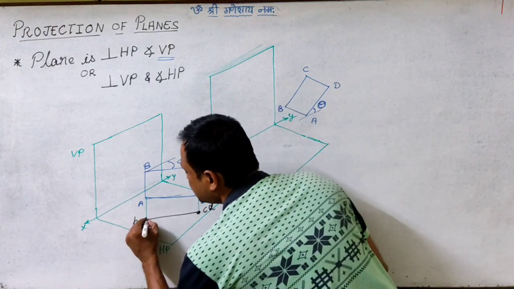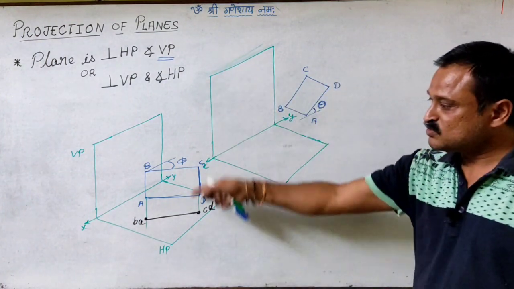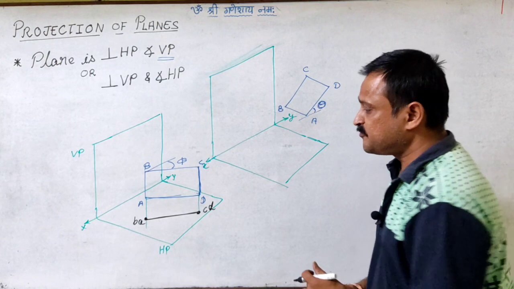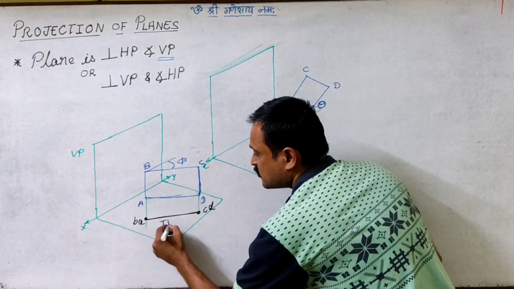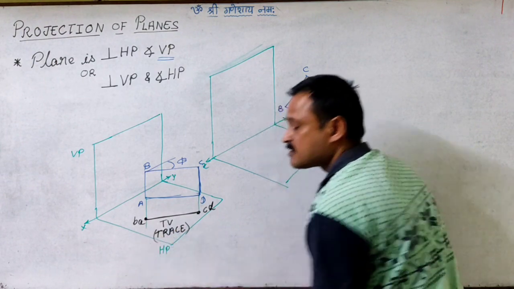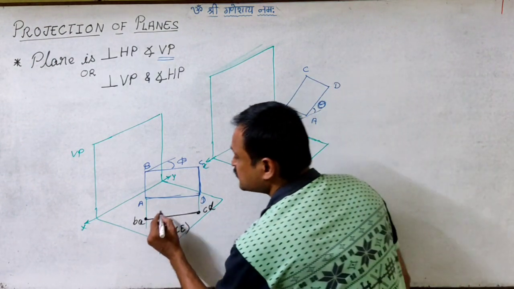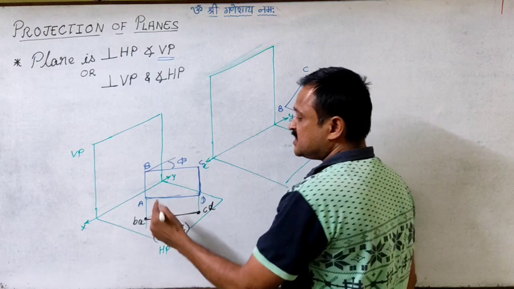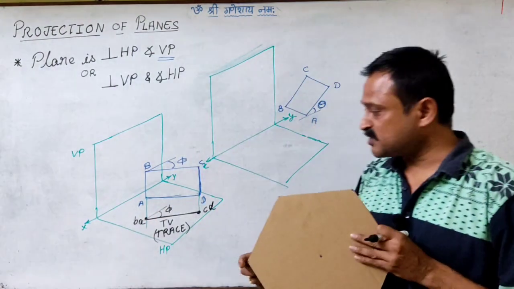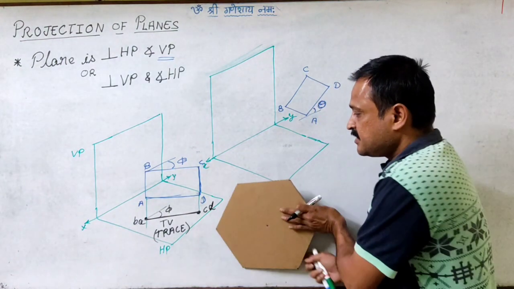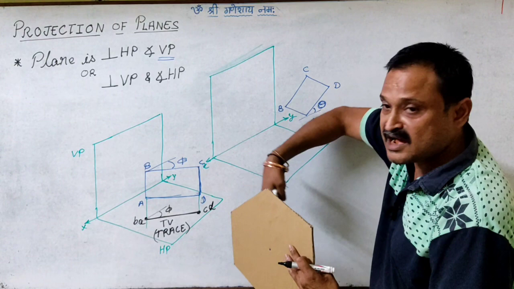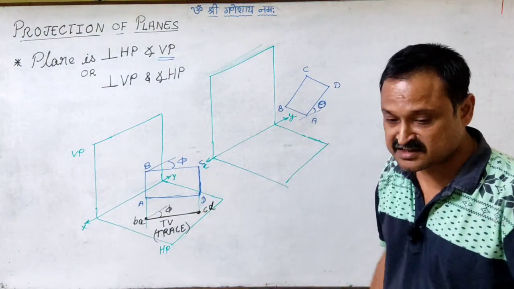So as this plane is perpendicular to HP, we will get the top view image as the trace, right? And this top view or the trace will be inclined at phi. So it is perpendicular to HP and it is inclined to VP. So when I am looking at it from the top, I am able to see its inclination with VP.